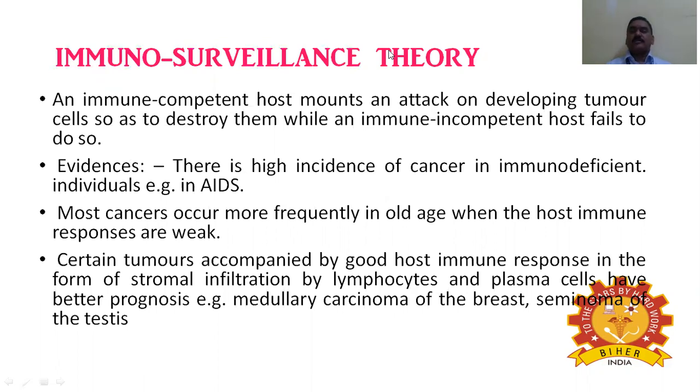Most cancers occur more frequently in older age when the host immune responses are weak. Certain tumors accompanied by a good host immune response, in the form of stromal infiltration by lymphocytes and plasma cells, have a better prognosis, for example medullary carcinoma of the breast and some other cancers, for example testis cancer.